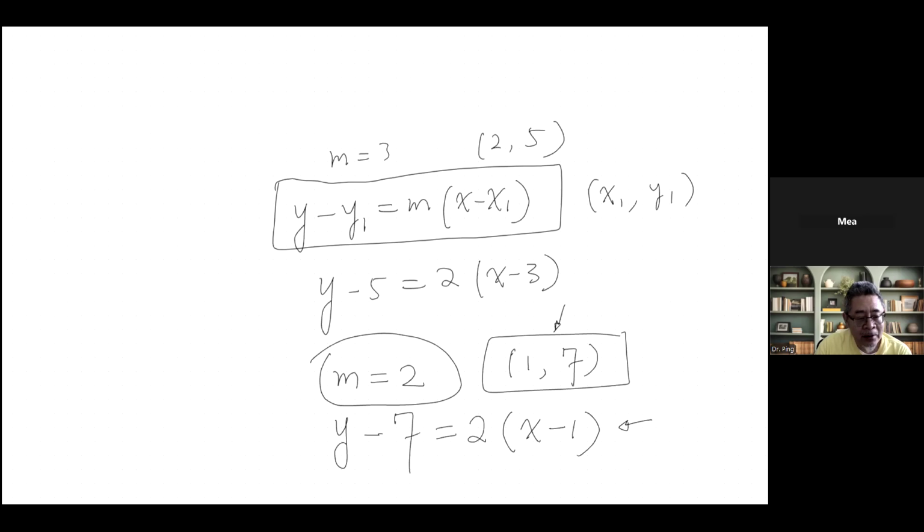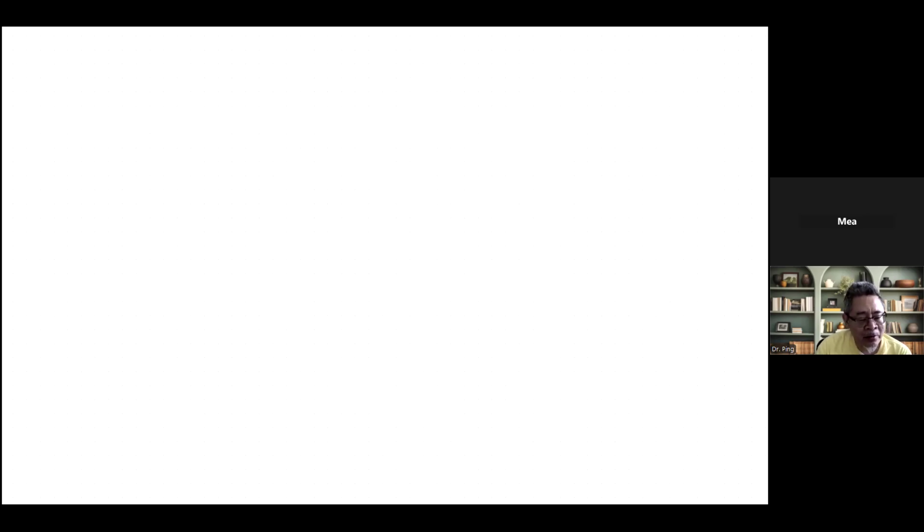It takes some time to understand this, so we just take as long as we need. Okay. So now m is 6. We've got the point 2 and 5. So what would be the point slope form?